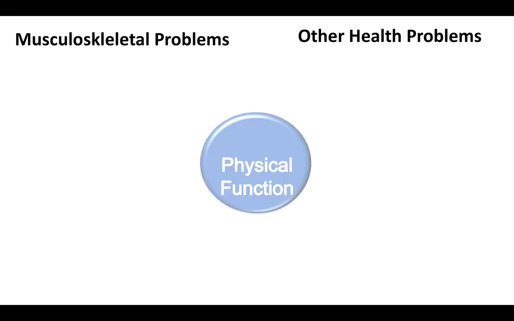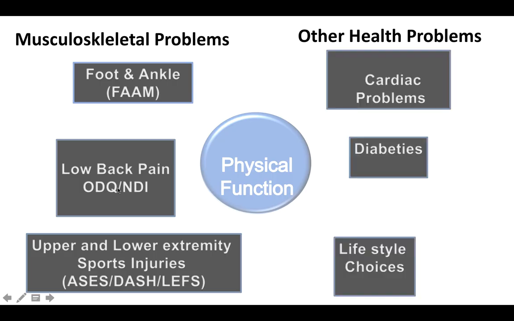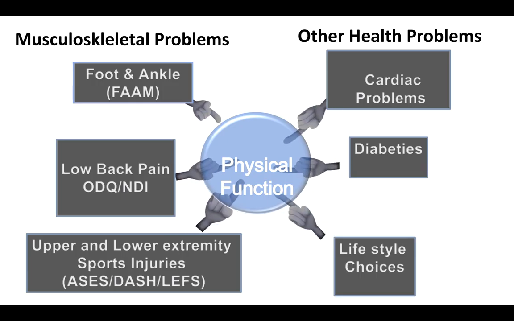But let's start with what a generic measure is and what it means to use this clinically. So many people regarding musculoskeletal problems are used to disease-specific measures. So a foot and ankle measure like the FAM for a foot problem, the ODQ or Oswestry Disability Questionnaire for a low back pain problem, and so on. But we know that other health problems like cardiac problems, diabetes, and just lifestyle choices also influence physical ability.